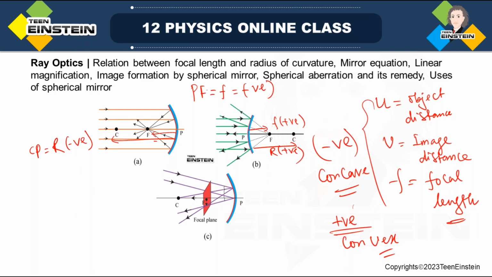That obviously depends on where we put the object, but the object distance alone will be negative. Otherwise v, the image distance, and focal length will be positive.